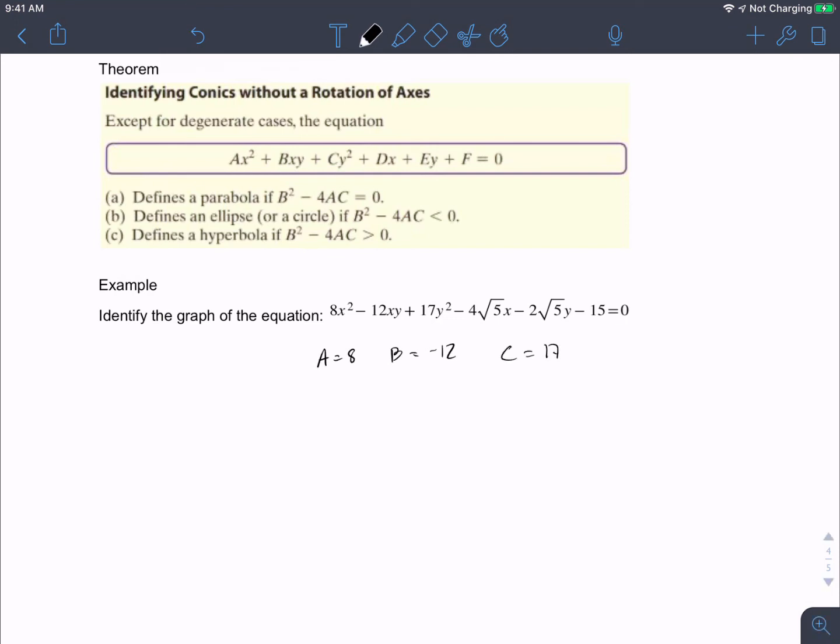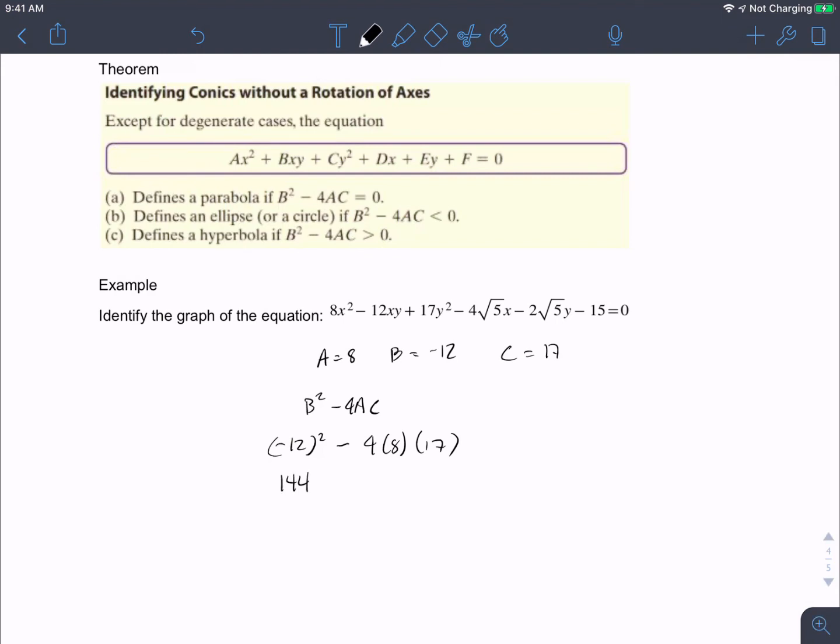And so what we're looking at is something that looks like what we did with quadratics, the discriminant. And so it's B squared minus 4AC.